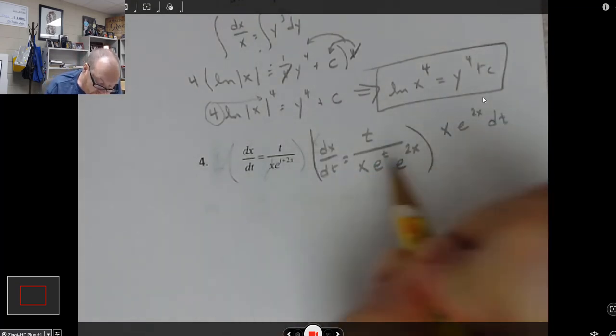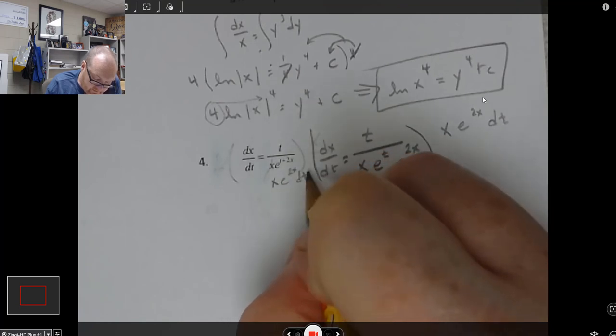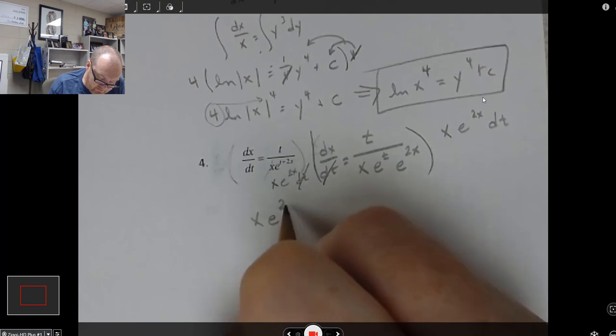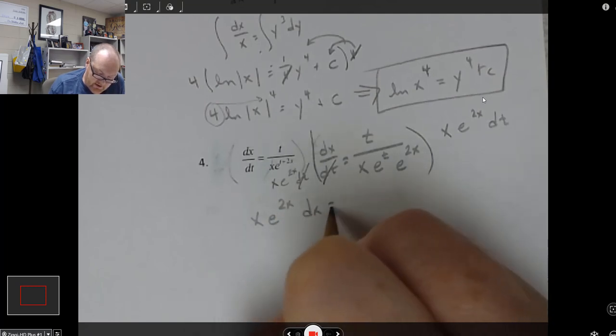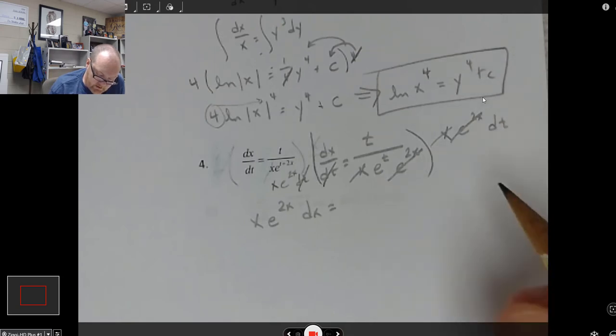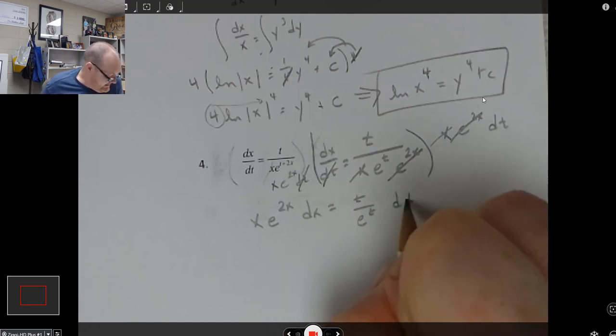Let me see if I can squeeze it in over here. All right, so I'm left with x e to the 2x dx equal t over e to the t dt.